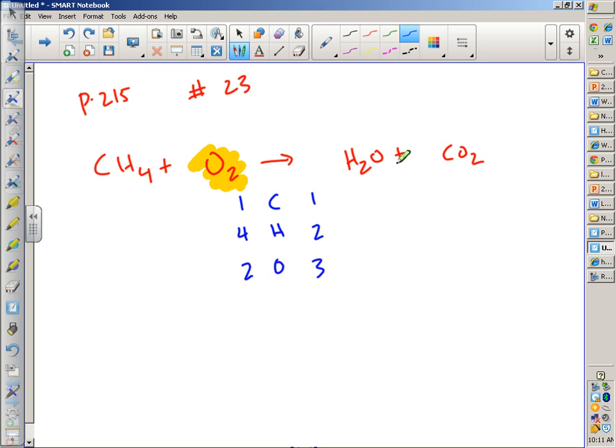For instance, first, do we have to do anything with the carbon? Carbon's balanced, but hydrogen isn't. Let's not start with oxygen because oxygen shows up in a bunch of places. Let's start with hydrogen because we can only change CH4, methane in our reactants, and water in the products, because that's the only place hydrogen shows up. So, what are we going to have to do here to balance out the hydrogen?